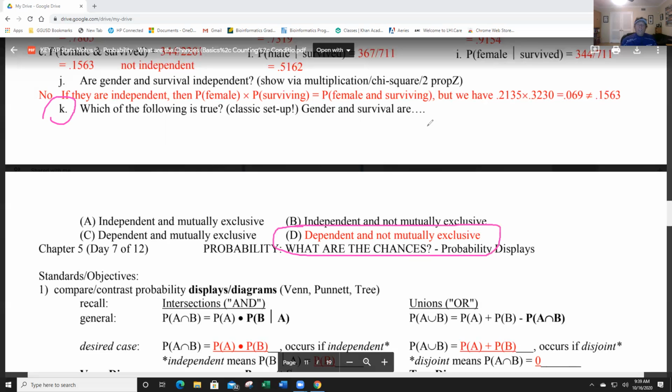We've already established that gender and survival were dependent events, and you can be a female and die. So remember, not mutually exclusive means can happen at the same time. That's a double negative. I think I misspoke earlier, about five minutes ago, on that.